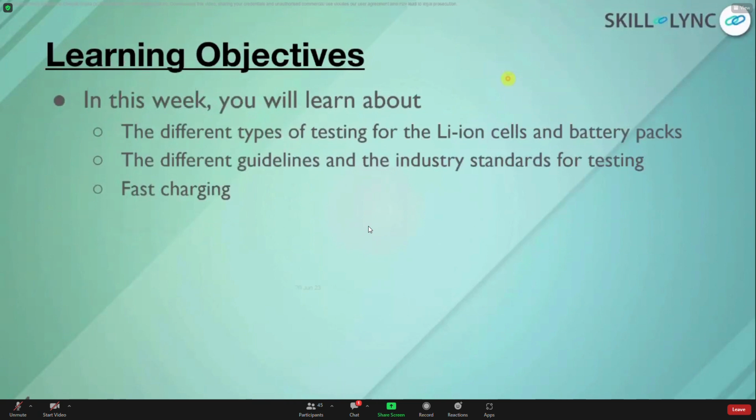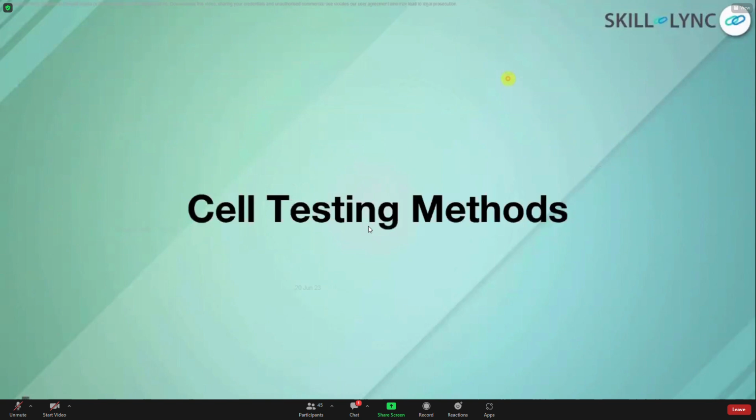All right. So let's get into our topic, cell testing methods. Cell testing is a very important factor in designing the battery pack, because as we already know, the overall battery pack system itself is a safety critical system. In that particular case, the cells are very non-linear, and it is very dangerous if it is not properly designed or not handled properly.